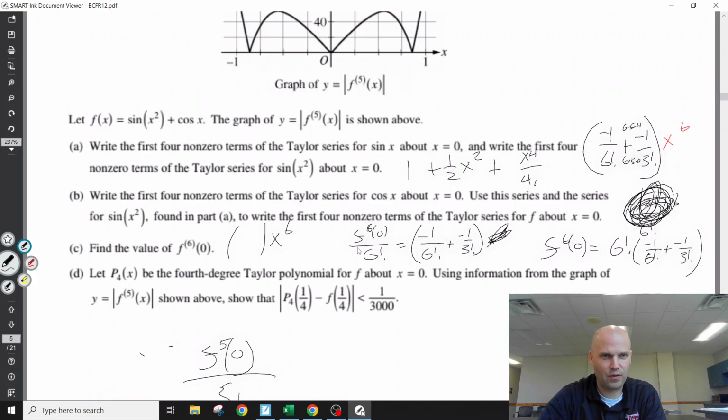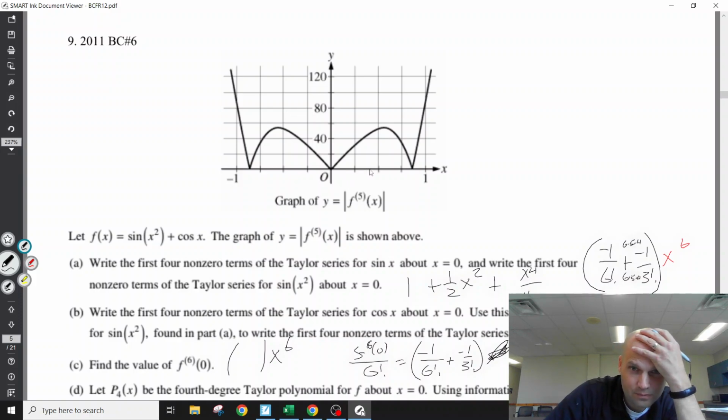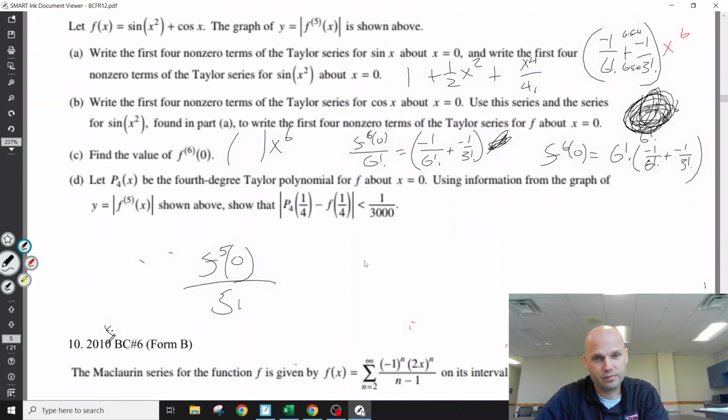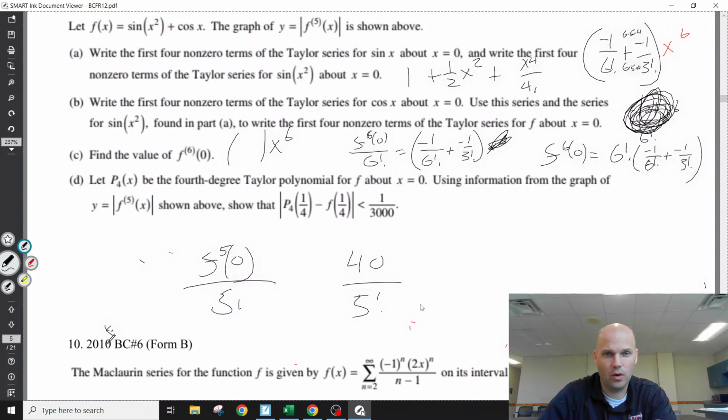So the max of the fifth derivative, if you talk about a fourth, looks to be like 40. 40 over 5 factorial? Is that what they did? 40? Oh, and then times your 1/4 to the 5th power. Damn.